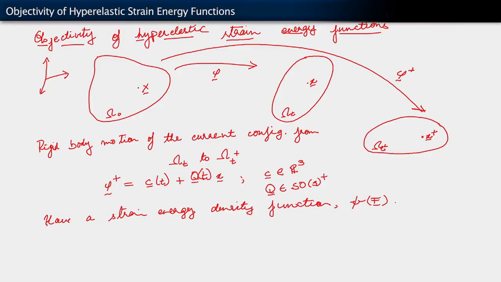Okay, so we have the strain energy density function, which is a mapping from the space of general linear transformations in 3 dimensions to scalars, right? It's a scalar function of a tensor argument. Okay, so we have this, and what we're saying is that that is the deformation gradient, right? For the deformation that takes us to omega t.